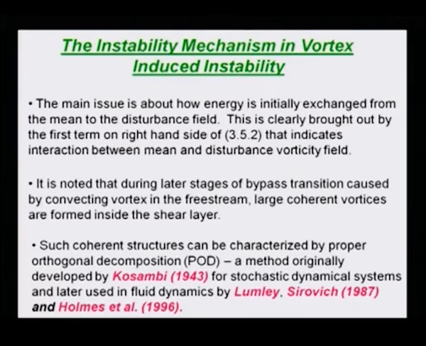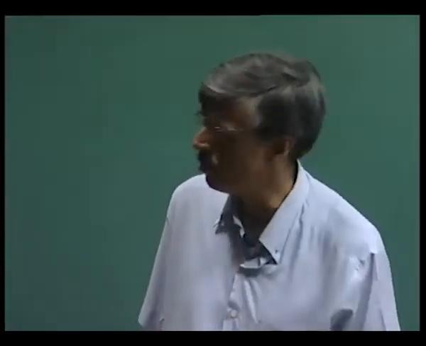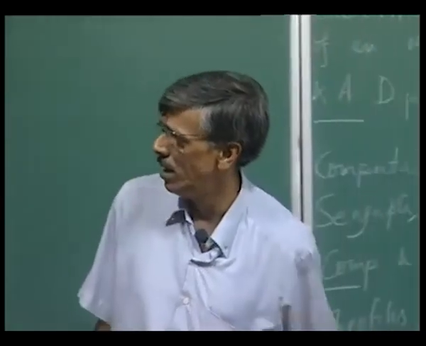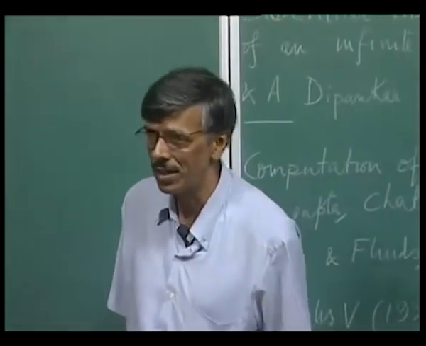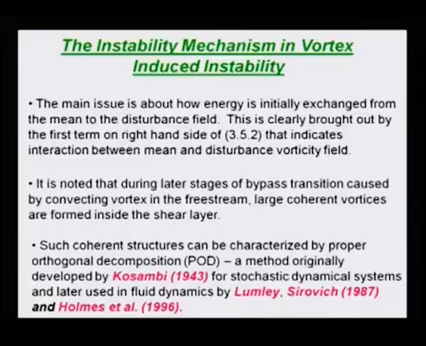What we understand by vortex induced instability is essentially written out here, that how initially the energy is transferred from the equilibrium flow to the disturbance field. That is the main issue. If we can predict that, we have predicted the primary instability, and we know once primary instability is triggered, that immediately brings in its wake secondary and tertiary instabilities that leads to eventual bypass transition.